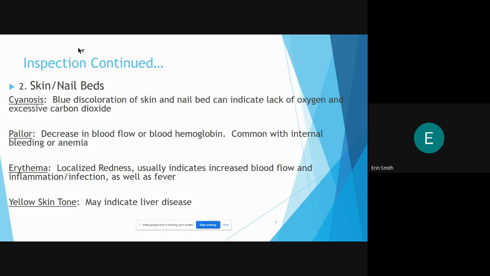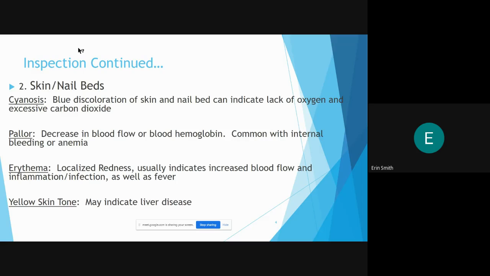You must not be feeling well. And then a yellow skin tone usually is indicative of liver disease and sometimes some kidney issues as well. You may see more of a yellow tinge to your patient's face.